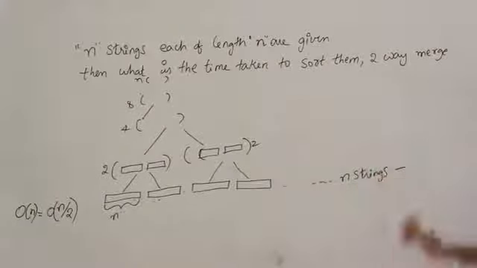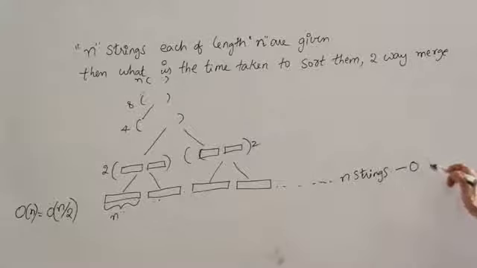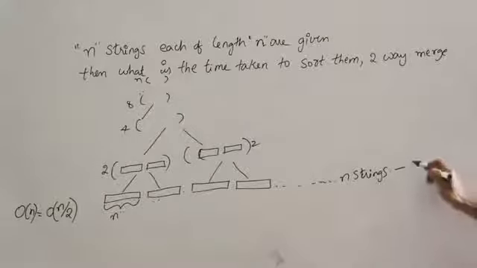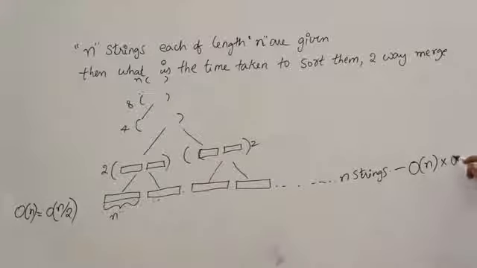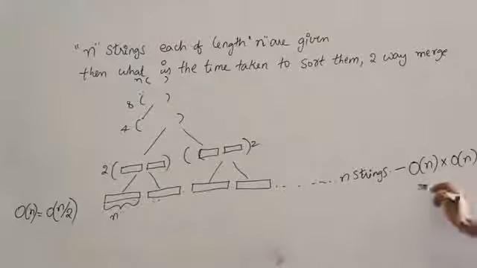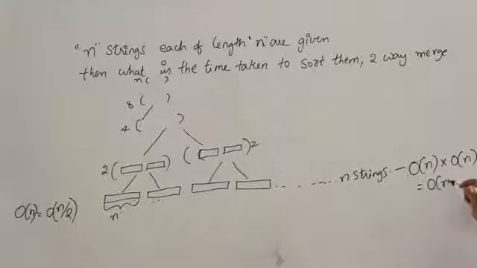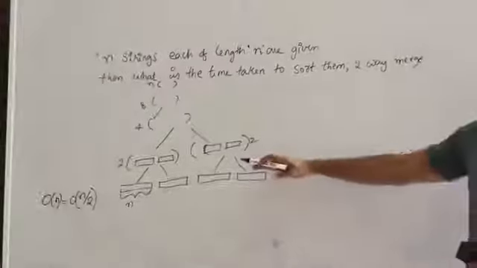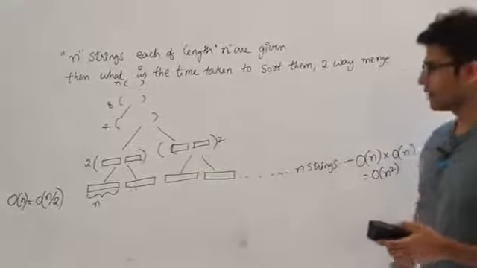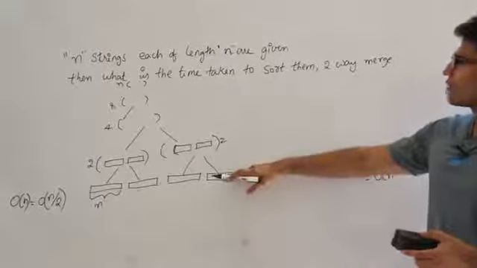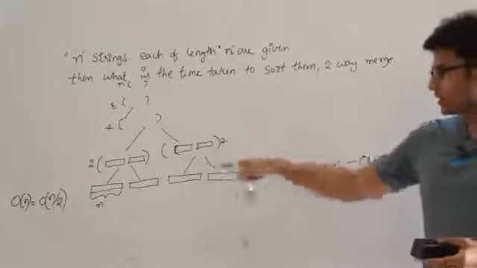At this level, the number of comparisons required will be n by 2, which means order of n, and every comparison takes order of n time. Therefore it takes order of n square time to compare them and find out which one has to be first and which second. And now we have to copy all of them here. What is the total size of the list?